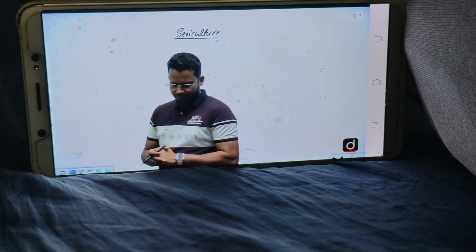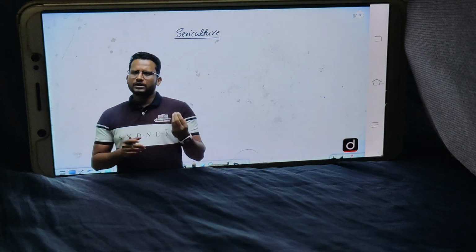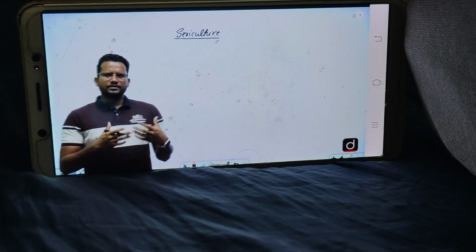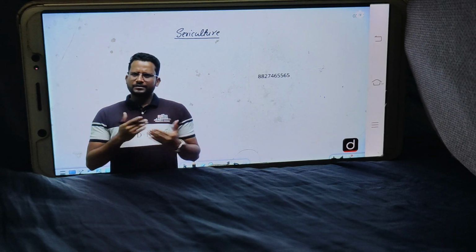And after that, the larva comes out of those eggs. The larva starts growing and it keeps shedding its skin several times.